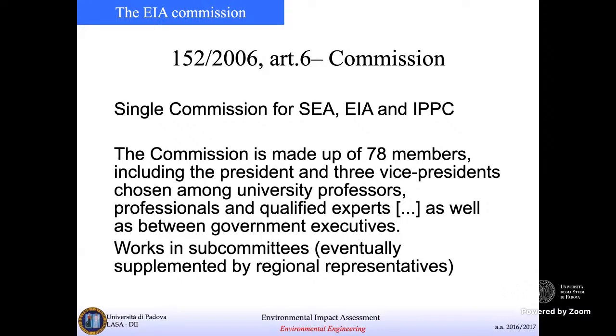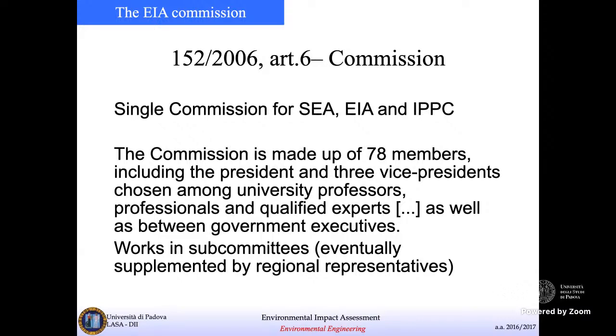The commission is now made up of 78 members, including the president, who I remind you is generally the Ministry of Environment, and 3 vice presidents, chosen among university professors, professionals, qualified experts, and so on. The commissions work in subcommittees, eventually supplemented by regional representatives.